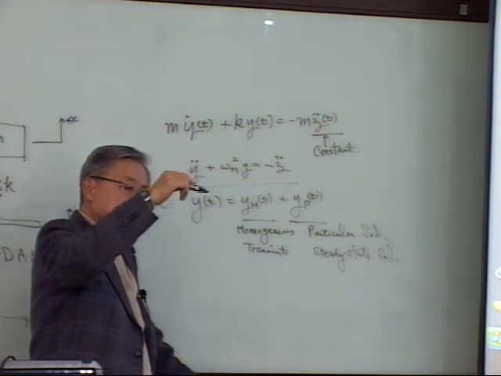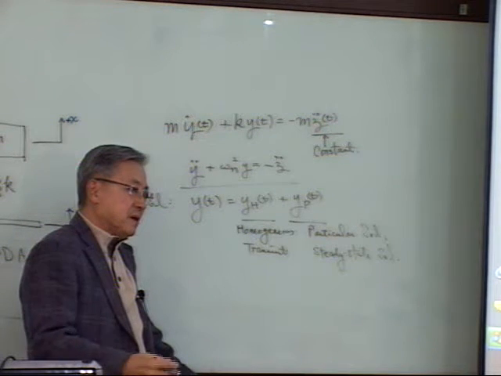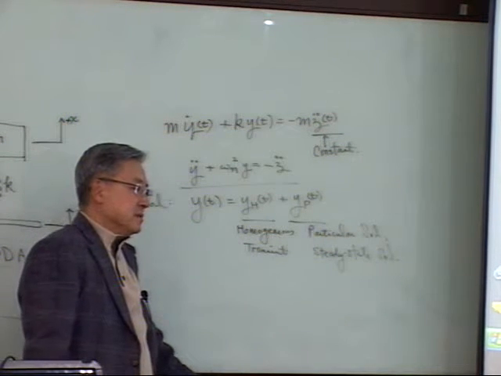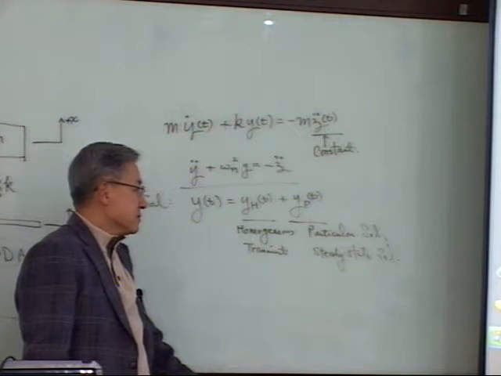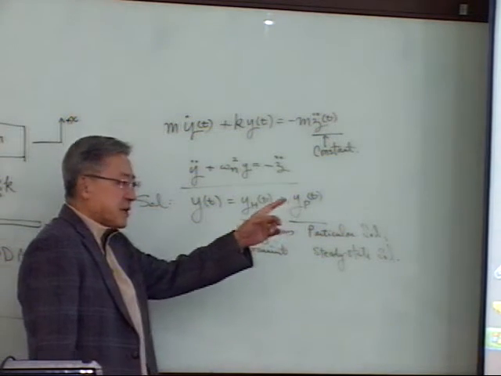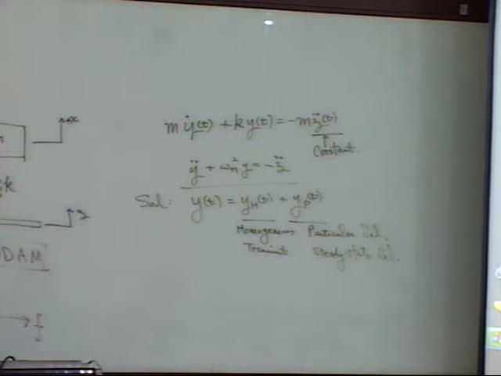But if you introduce a couple of pages of background, baseline information, bang, you can hit the solution on the very next page. So this is what I'm really giving you, the very detailed steps. So here is a homogeneous solution and a particular solution.